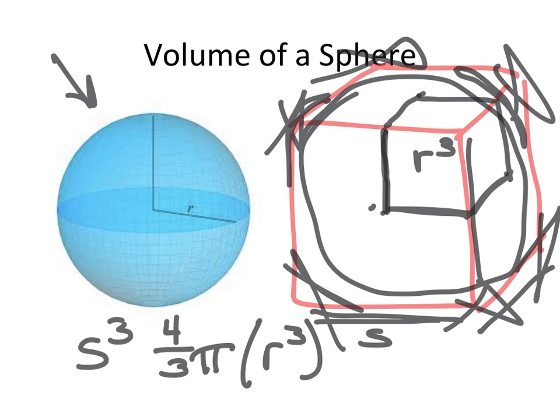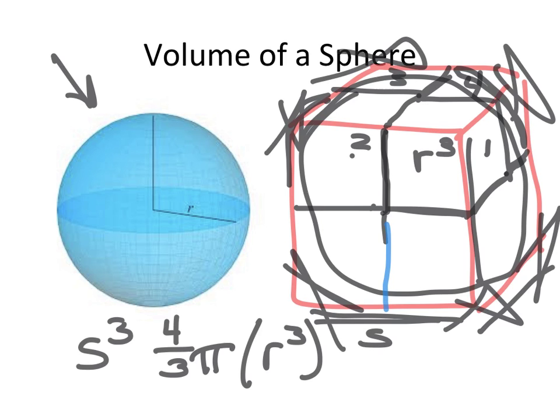Well, if we think about it, there'd be another radius going this way, so we'd have another one here. We'd have another one behind, we can't really see it, and we'd have another one back here. So we would have 1, 2, 3, 4 of those on the top layer. We would have another 4 on the bottom layer.